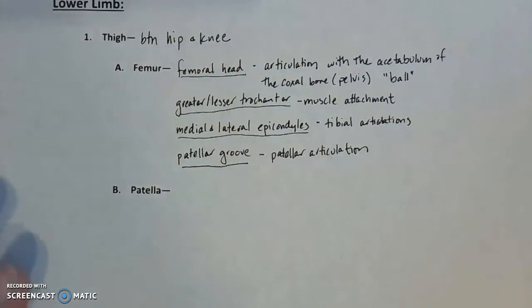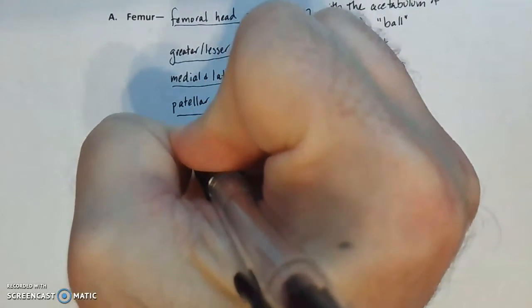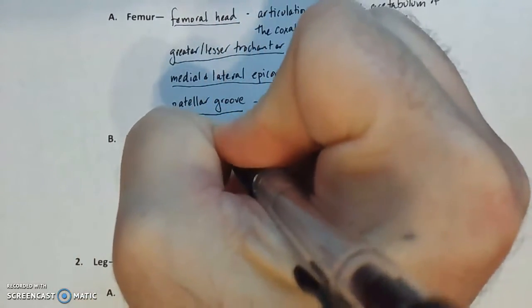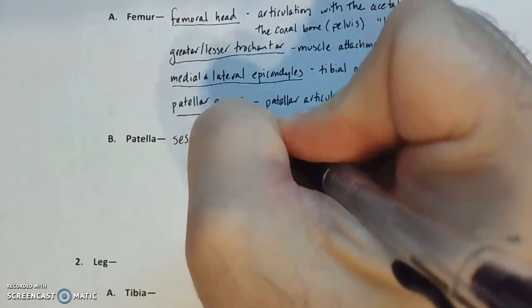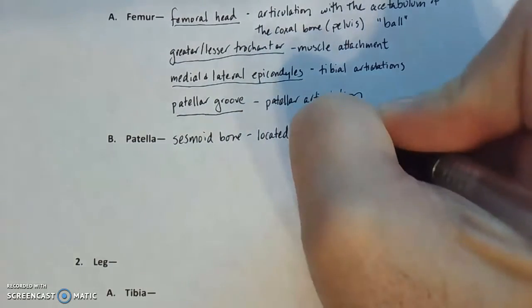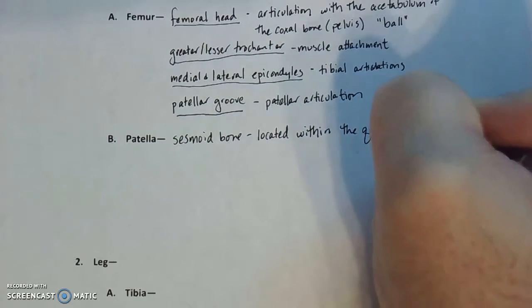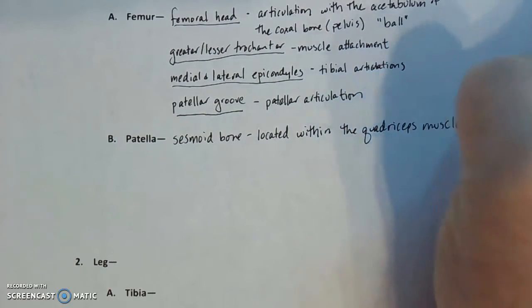So talking a little bit more about the patella, we said it was a sesamoid bone. It is located within the quadriceps muscle tendon group.